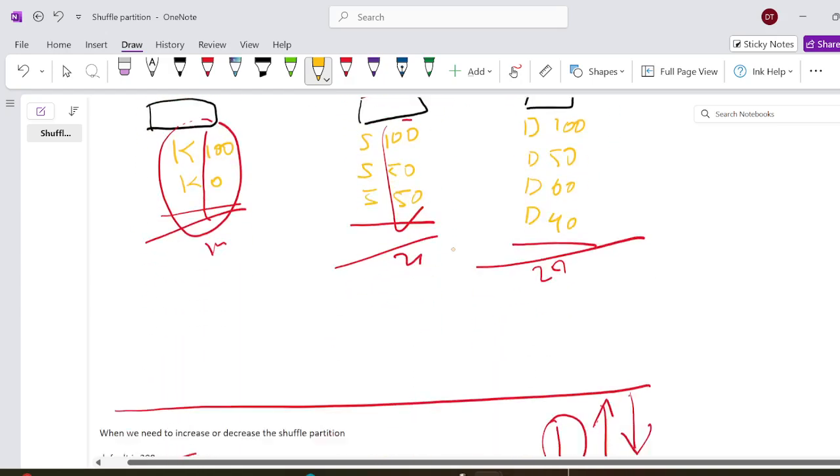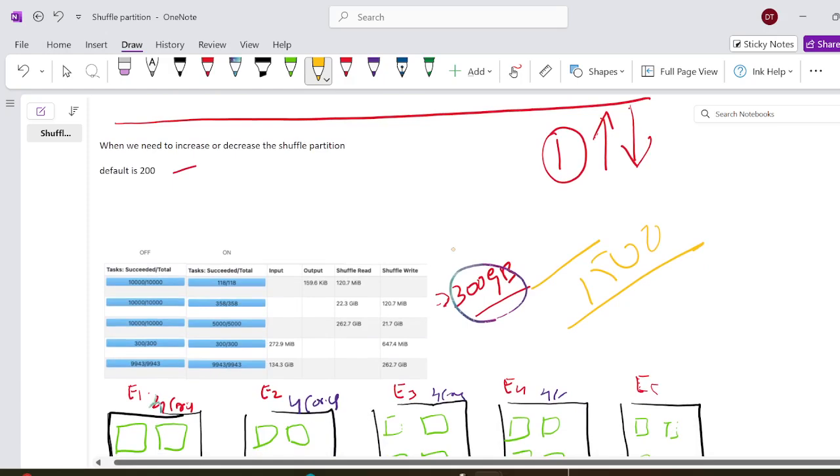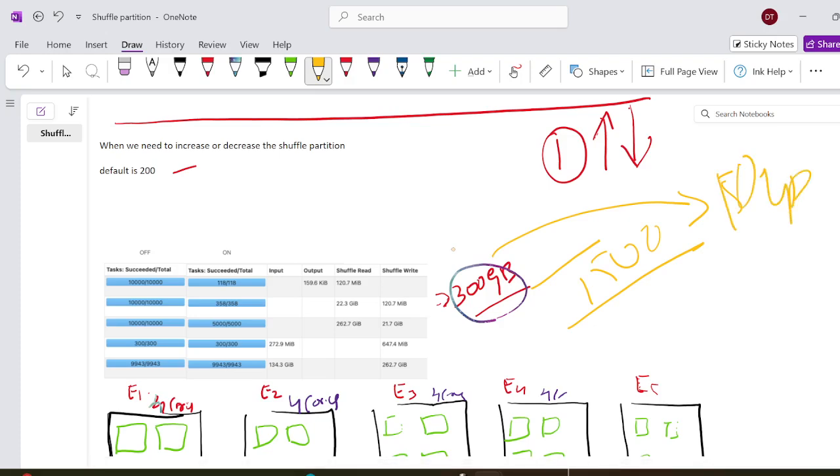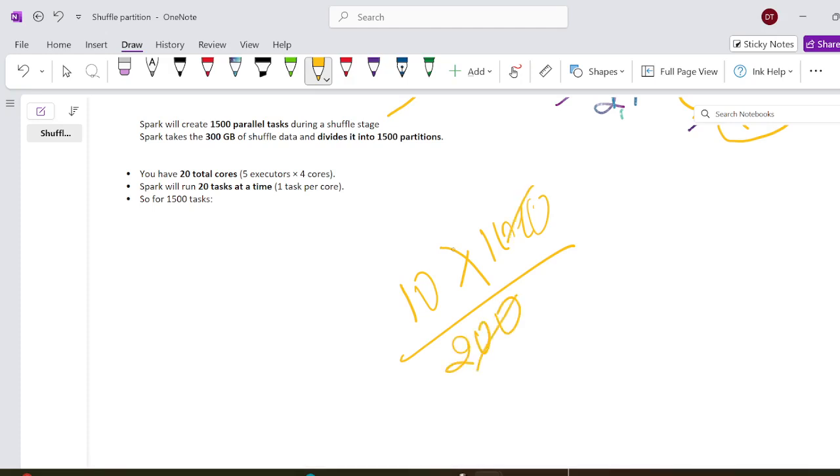Okay, so in what scenario do we need to decrease the shuffle partition? Suppose here we get 5 GB or else 10 GB. What is the calculation? 10 GB divided by 200 MB gives 50.